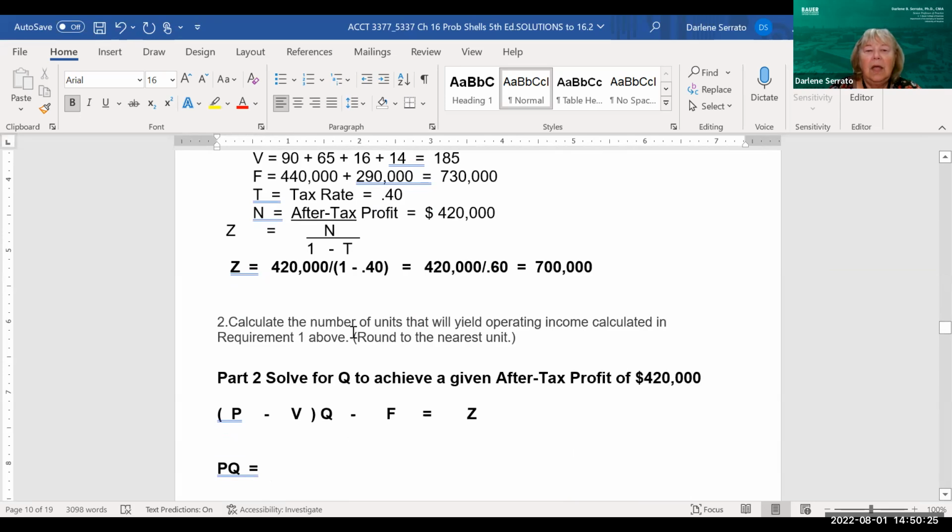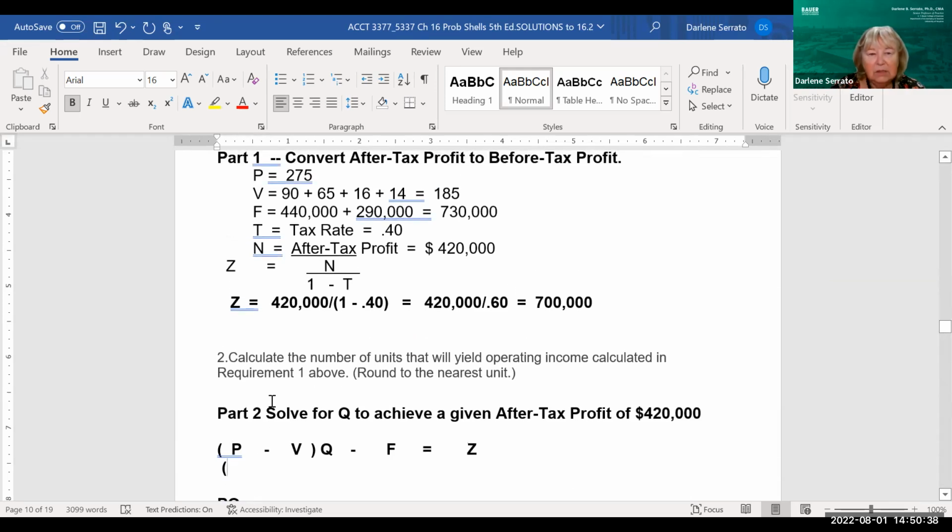Now calculate the number of units that will yield operating income of 700,000. So P is 275 minus V of 185, times Q, minus F of 730,000, equals Z of 700,000.